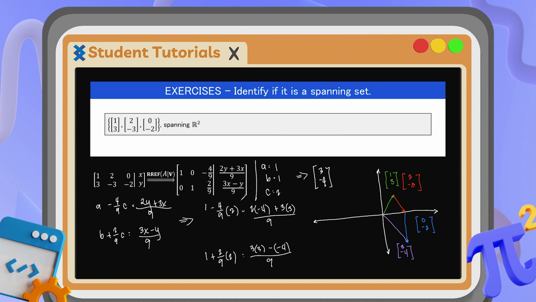And if we simplify both sides of the equation, we actually get 1 over 9 on both sides. Similarly, for the second equation, we get 13 over 9 on both sides.